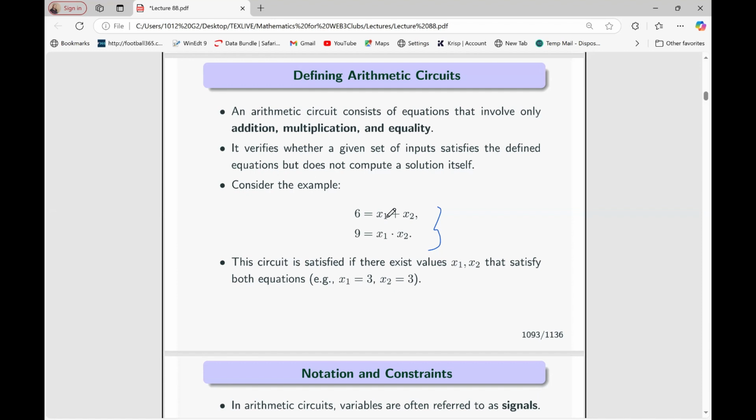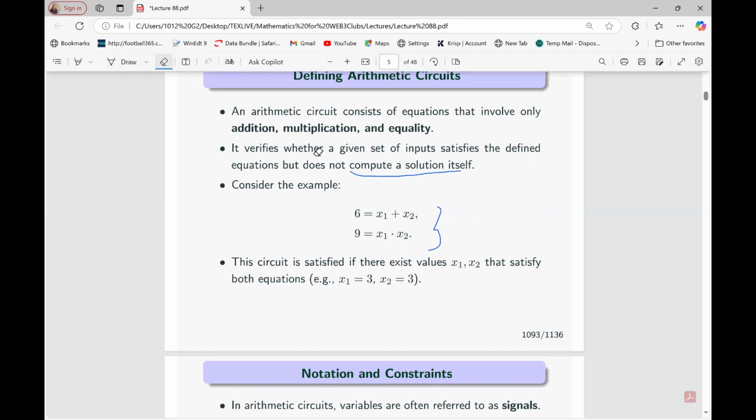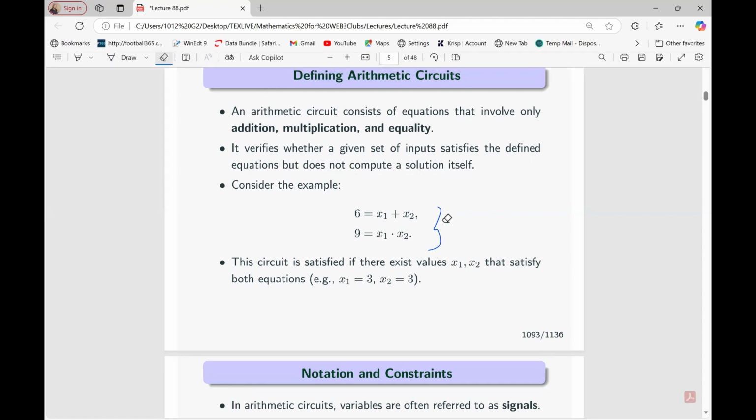The prover will be trying to show that he knows what x1 is or what x2 is. So I've said it verifies whether a given set of inputs satisfies the defined equations, but does not compute a solution. It just verifies that the inputs are correct.